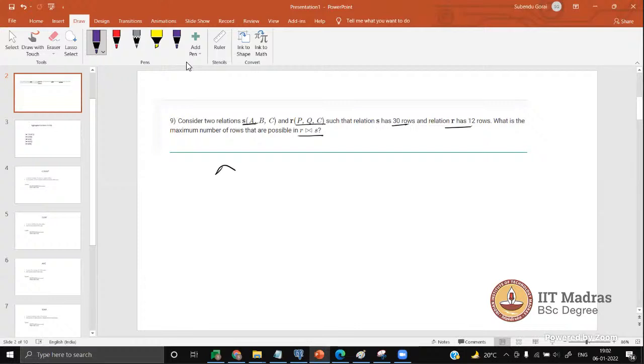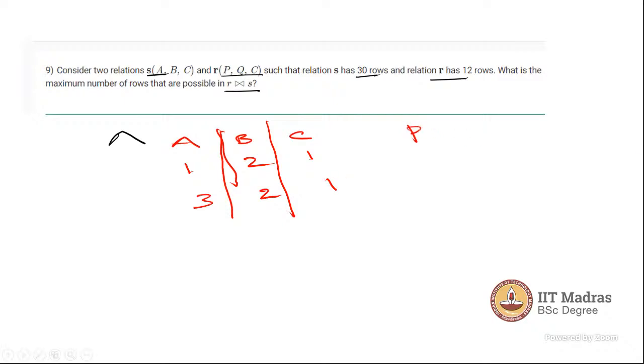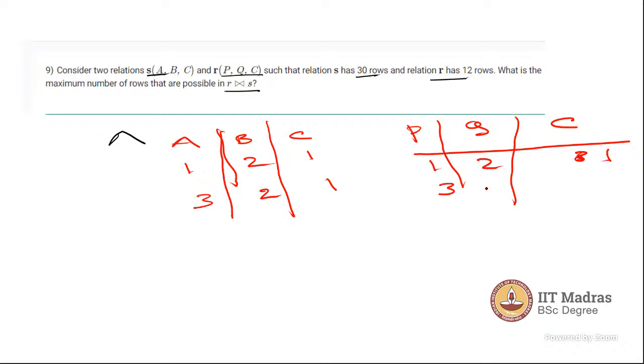Let us take a simple example. Tables with columns A, B, C and P, Q, C, with values 1, 2, 3, 1, 2, 1, 3, 4, 1.